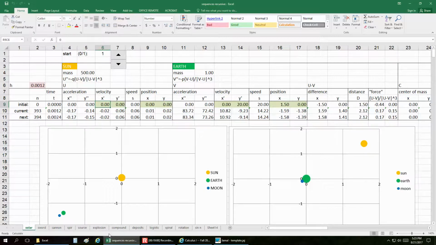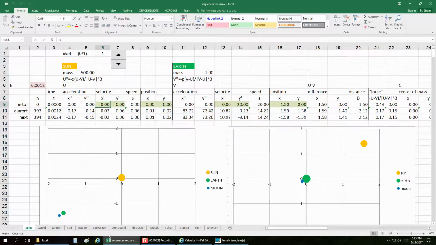The typical one is throwing an object in the air and wanting to know how long it will stay in the air, where it's going to hit the ground, and how far up it goes, things like that.